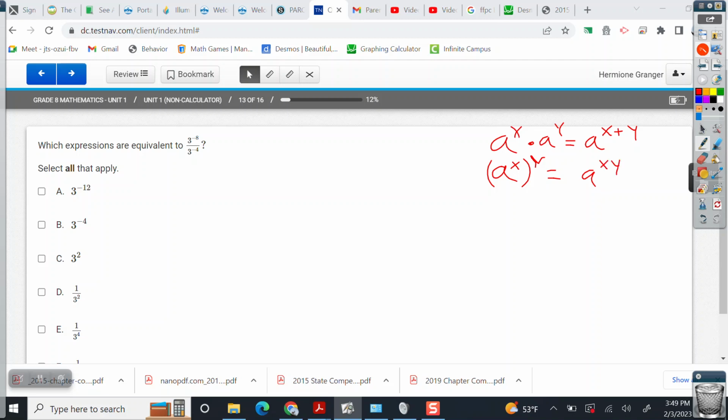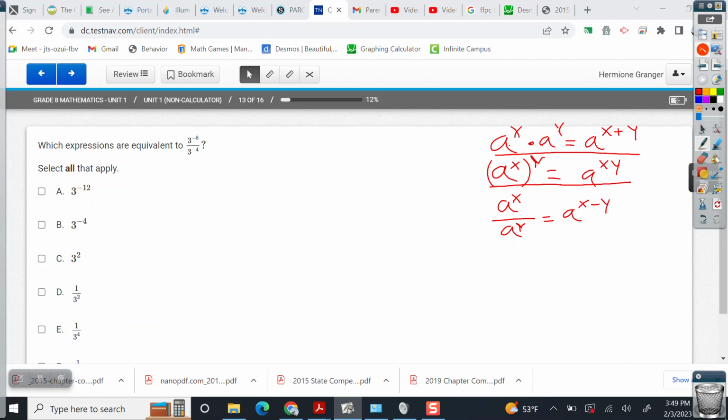Well, following this pattern, if we're multiplying two bases that are the same and we add the exponents, what happens if you divide the bases that are the same? If we have a to the x divided by a to the y, that's going to be equal to a to the x minus y power.